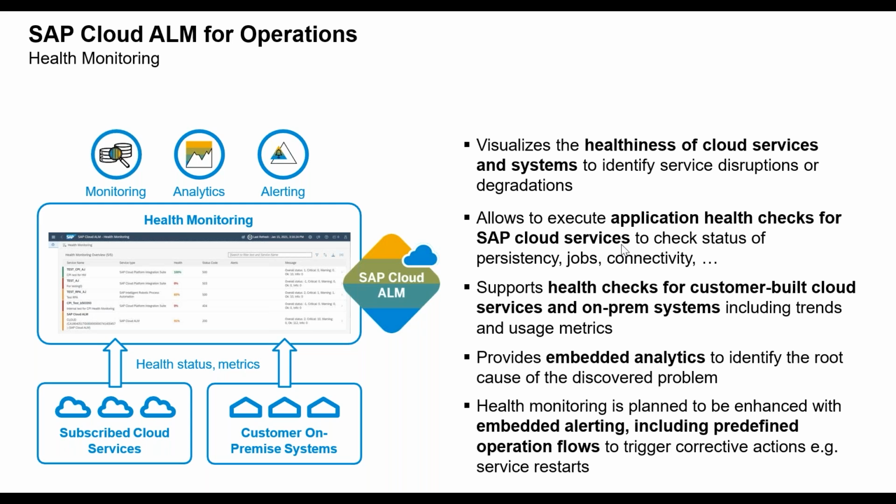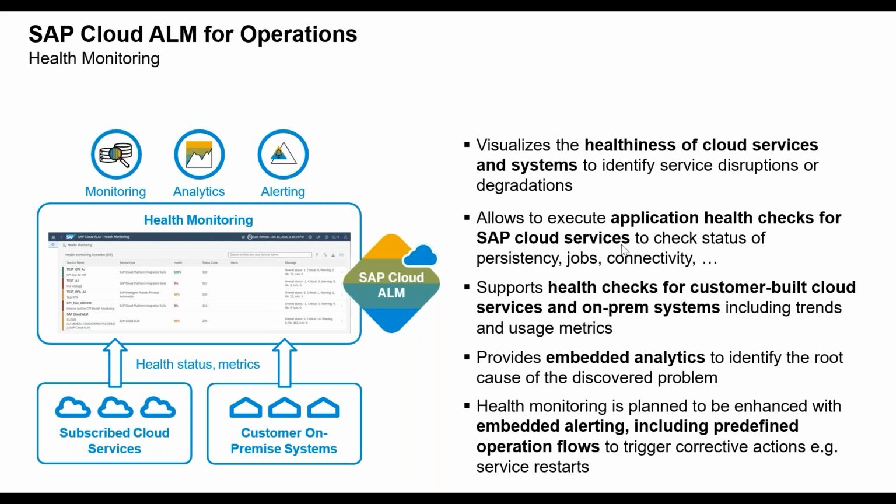The goal is really just to make sure that any processes you're monitoring, any short dumps you're getting in the system, are monitored directly within Cloud ALM, and then alerted on as well.